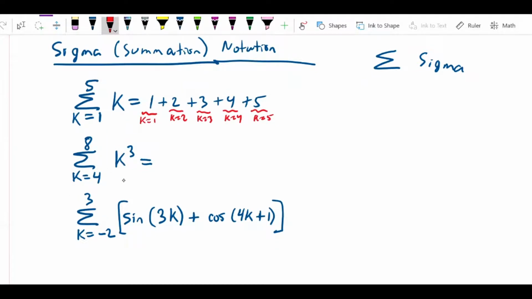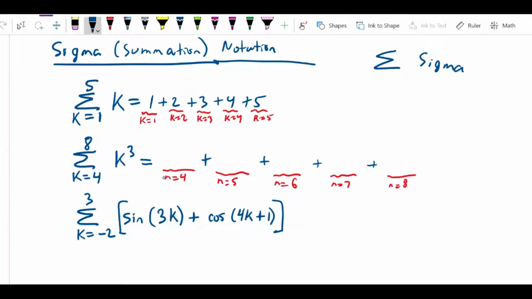But as another example, I've written here the sum from k equals 4 to 8 of k cubed. So k is going to start at 4, then 5, 6, 7, and 8, and I put plus signs in between them.